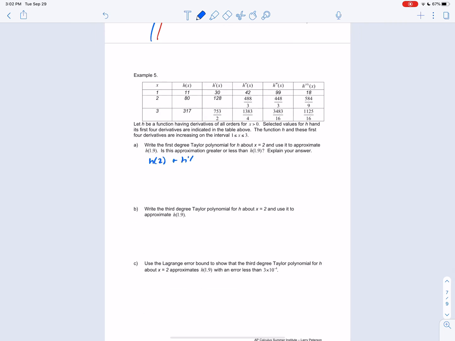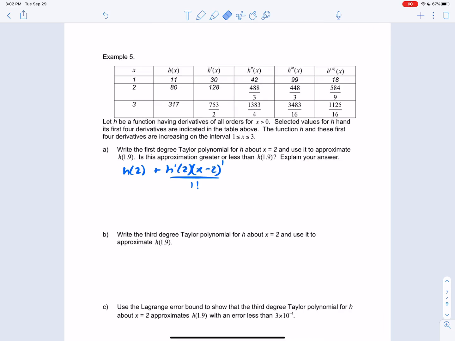Then the first derivative, x minus 2 to the first over 1 factorial plus the second derivative, x minus 2. Now, you don't have to write this out, you guys. Actually, they just want the first degree, so I'm going to stop here. But I'm writing it out so that you guys can see where I'm getting my values, okay?